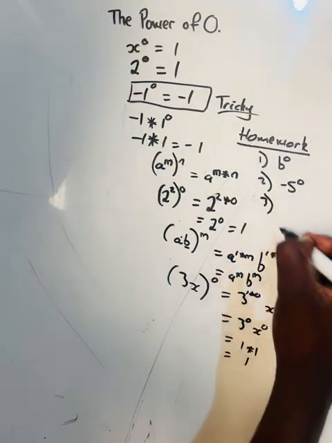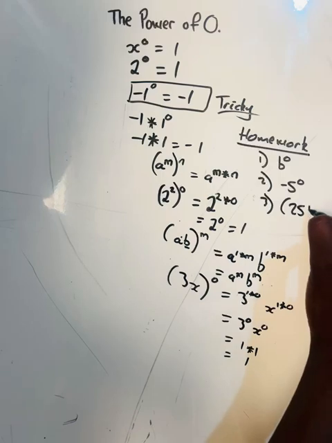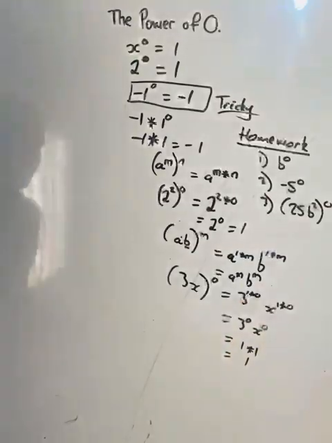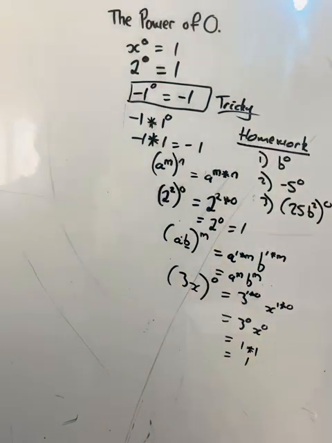Number 3, what if you are given (25b^2) to the power 0? You must do this, and then you can send your answers in the comment section, and then I'll tell you whether what you have written is correct or incorrect.